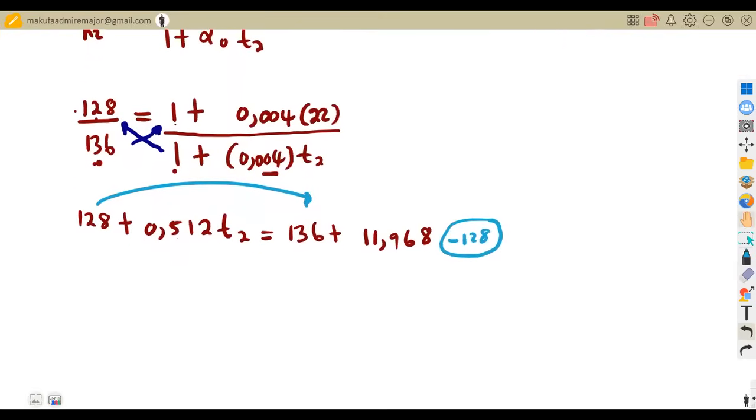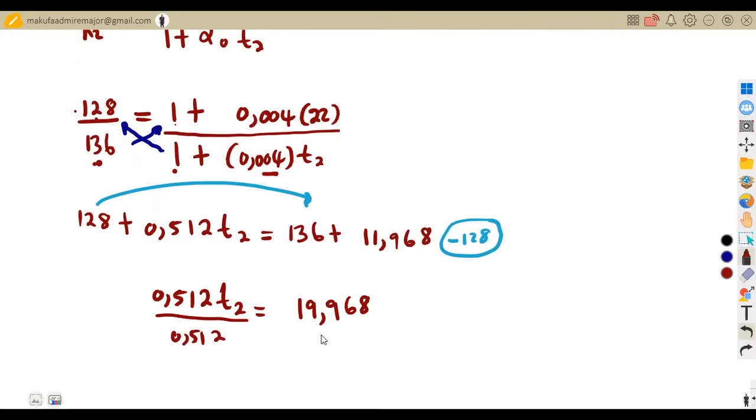That means we obtain 0.512 T2 equal to 19.968. To find T2, we divide both sides by 0.512. That gives us the value of T2, which is 39 degrees Celsius.